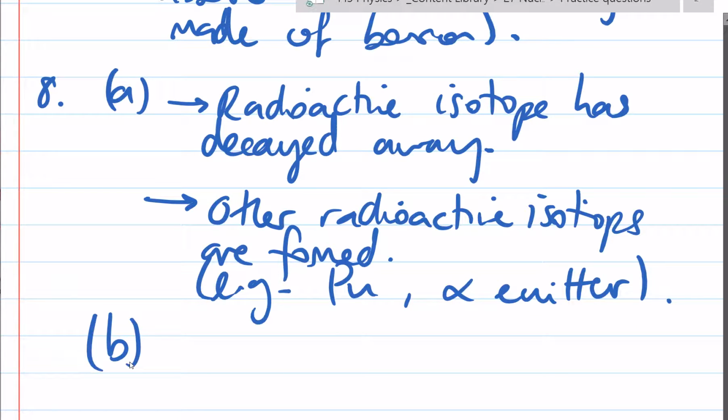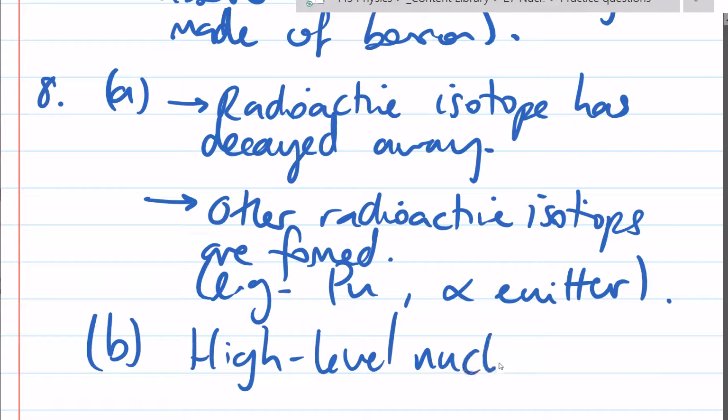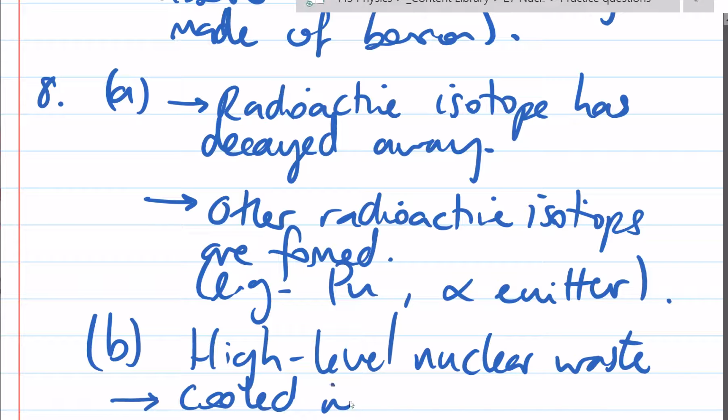B, describe how they're handled. So this is high level nuclear waste. So it's quite dangerous, highly radioactive. So initially it's cooled in water baths or water tanks.